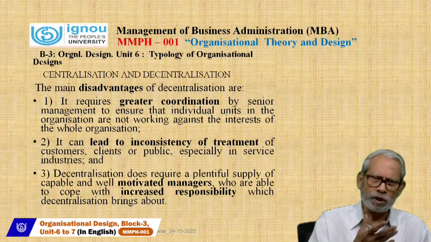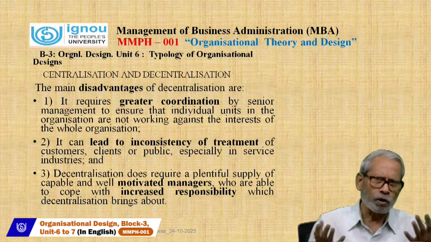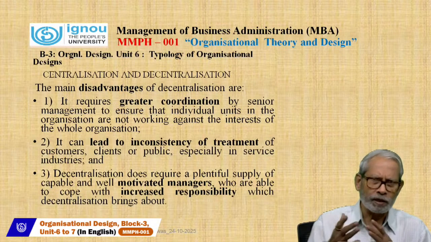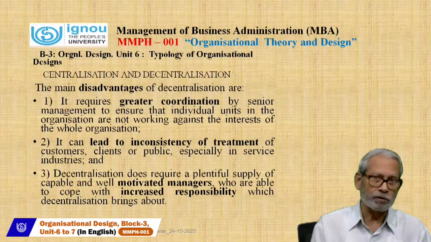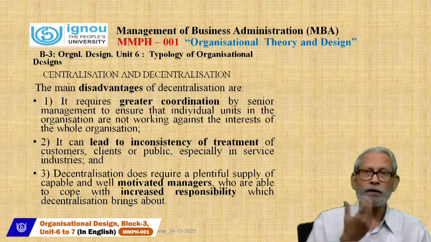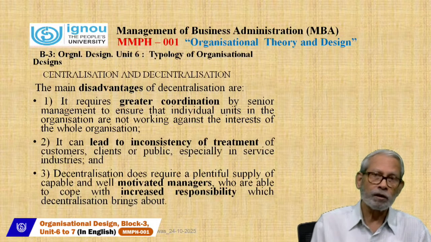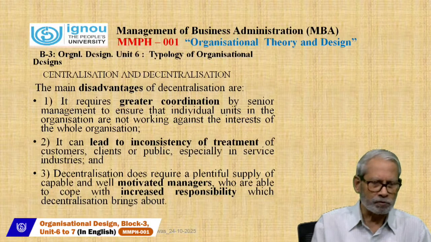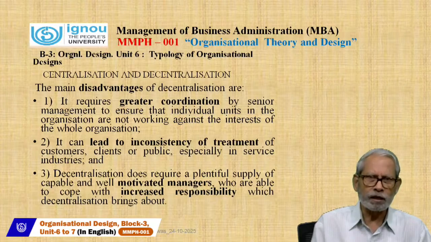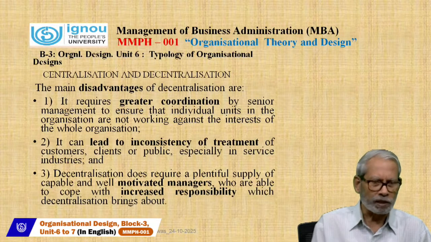So sometimes unit to unit coordination and helping may not be possible because of the competition. Everybody wants to show my unit is number 1, other units number 2 or 3. These things are to be addressed by the management.